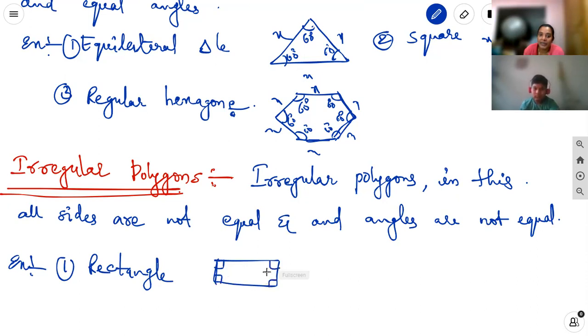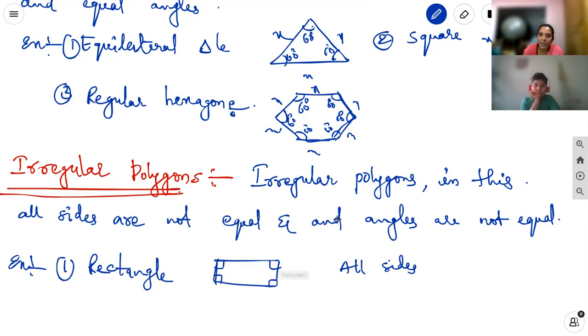The four angles are 90 degrees, but all sides are not equal. Only opposite sides are equal. So either sides are not equal or angles are not equal, or both. If the angles and sides are not equal, then those belong to irregular polygons.